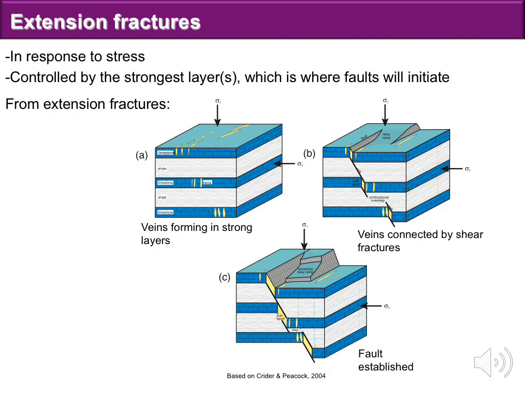In other cases there may be extension features, veins forming, like this limestone shale situation that this illustration shows, where the strong limestone develops extension fractures, and these then link up through the shale, and we get a rather complicated fault with all kinds of changes in orientation.